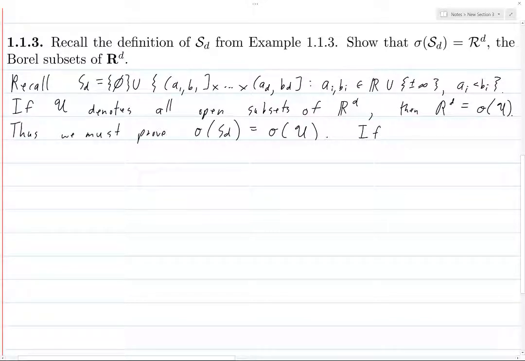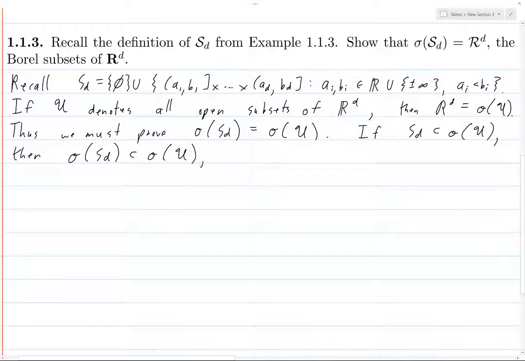Now an interesting fact: if S_D is contained in the sigma field generated by U, then, okay, let me write this out and make sure that this makes sense.